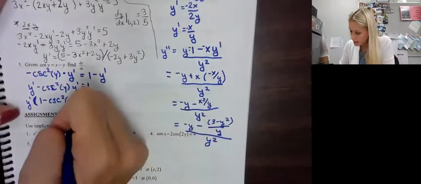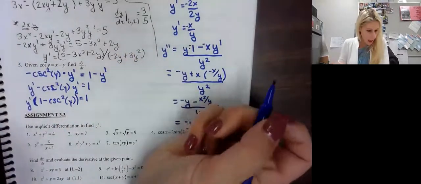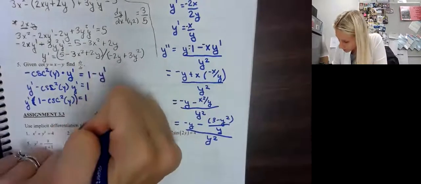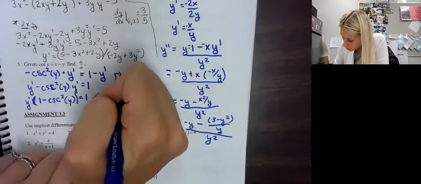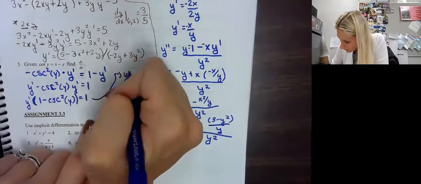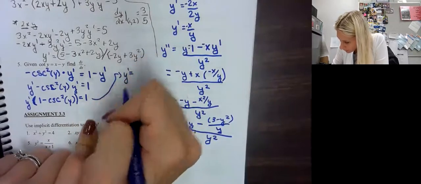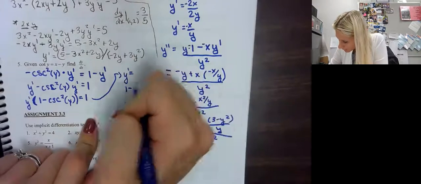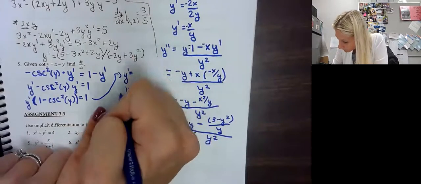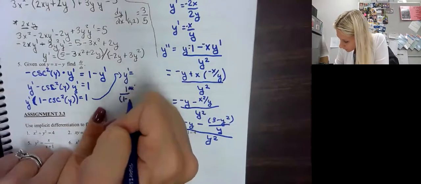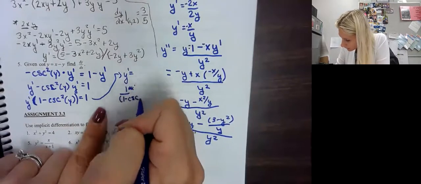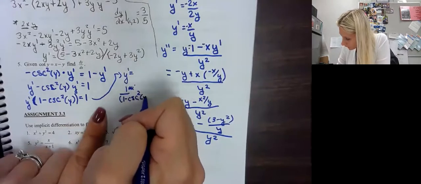And now we can divide. So y prime, let me just go up here so you can see my work. Y prime equals 1 divided by 1 minus cosecant squared y.